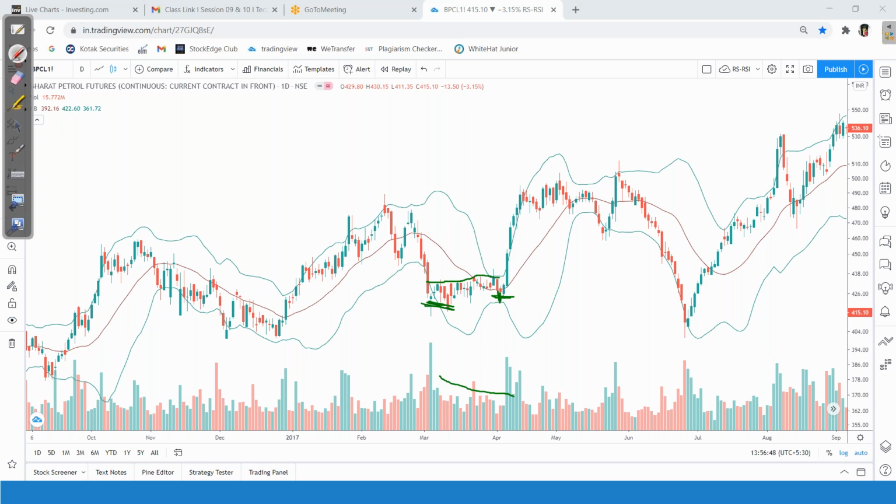You will trade on the breakout, which is this level. So once this gets broken, your lower band becomes your stop loss, and your target is minimum distance is this, which gets achieved within 2 trading sessions. Okay, so this is another example.